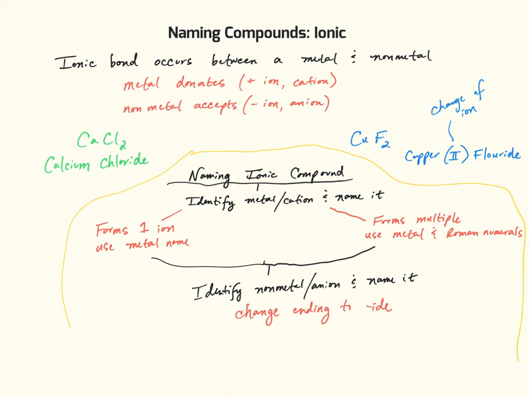The last step, we just take that nonmetal and we change the ending to "ide." So really the hardest part here is the metal stage, knowing whether it forms one ion or multiple, and then if it does form multiple, what's the actual charge and how are we going to denote that with the Roman numerals.